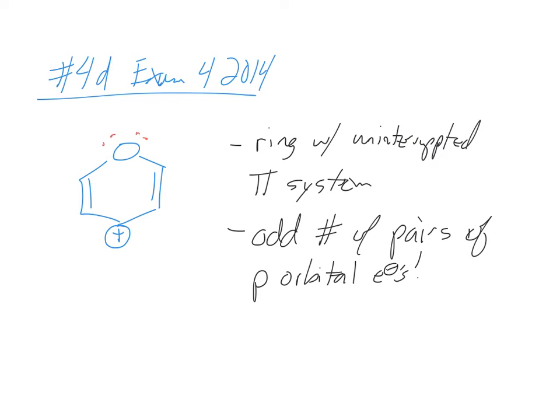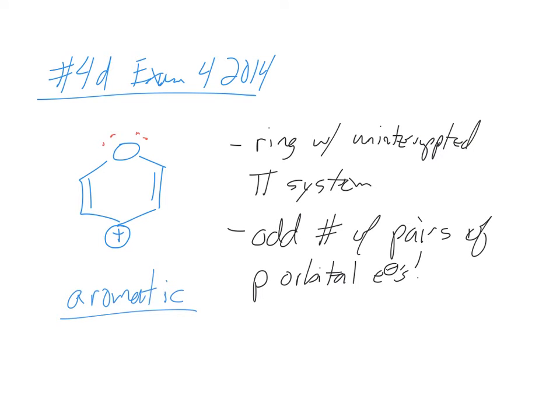How many electrons do we have here? We have 1, 2, and then one of these is going in. So that's 3, right? Is that odd? Yep. Is this an uninterrupted system? Yep. So this is aromatic.